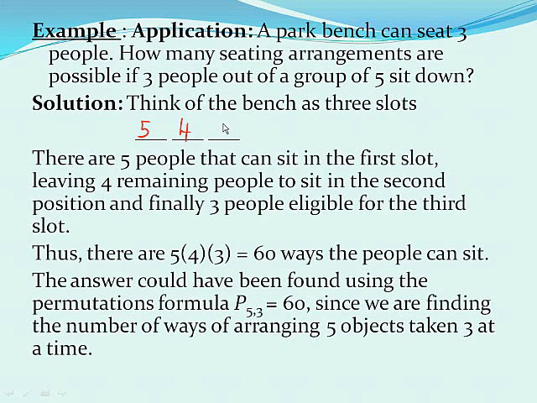Any of the remaining 3 can be seated next. So the answer will be, using the multiplication principle, 5 times 4 times 3, which is equal to 60. The answer could have been found using the permutation formula P5, 3 equal to 60, since we are finding the number of ways of arranging 5 objects taken 3 at a time.